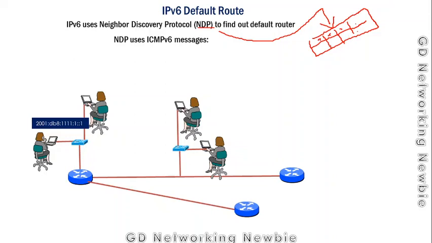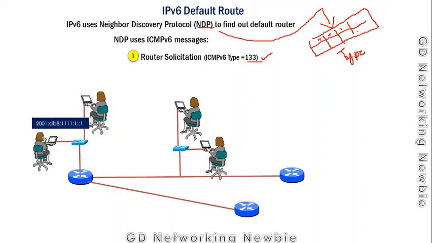There are different kinds of messages for different purposes, but we will be using one of them, the router solicitation. In this ICMP message, there will be a type field, and in that type field we will have 133. This defines that this is the router solicitation message.